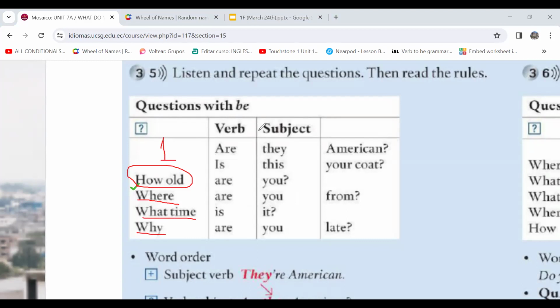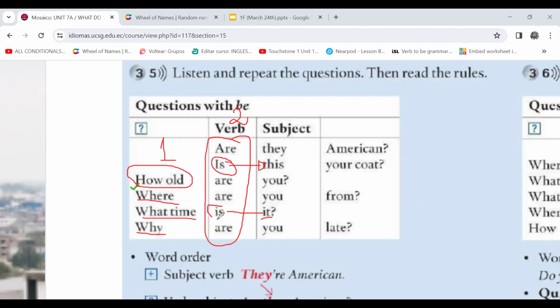Then the second position in the order is the verb. En este caso solamente estamos hablando de verbo to be. So here we have the 3 forms of verb to be. You have to analyze if this is third person or not, okay? For example, in this case, this is singular. For that reason, we use is, okay? It is singular.